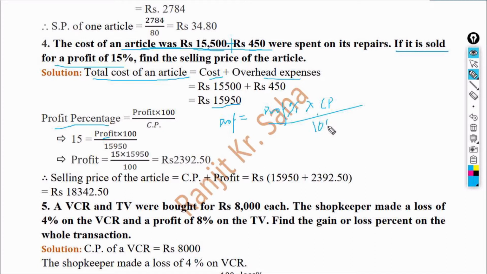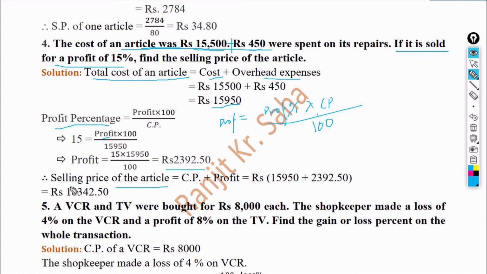Directly you can write this formula also, and getting the profit, that is rupees 2,392.50.